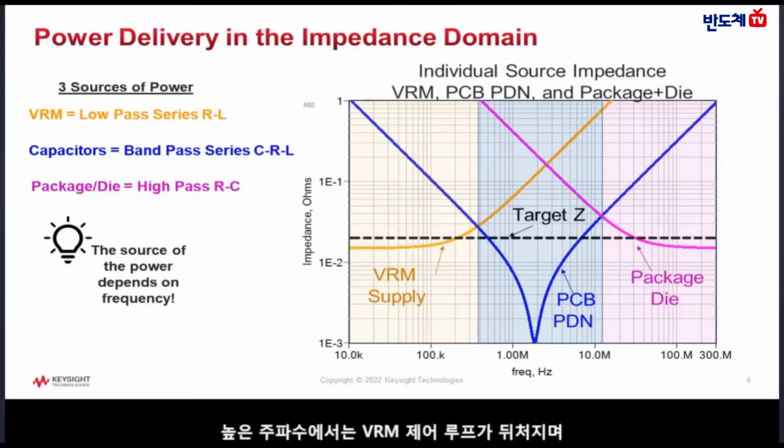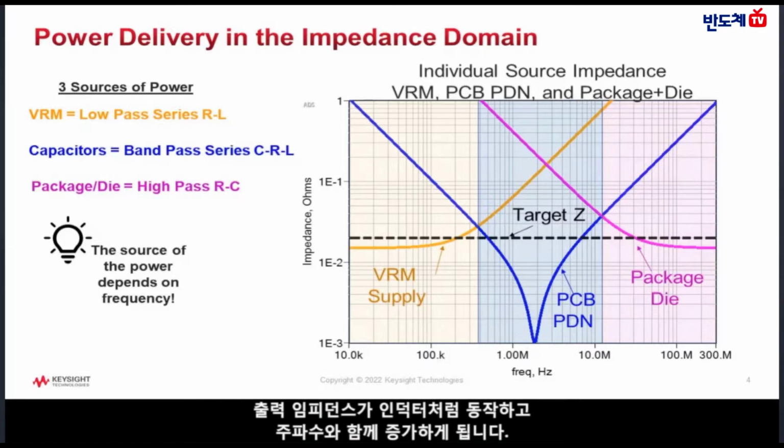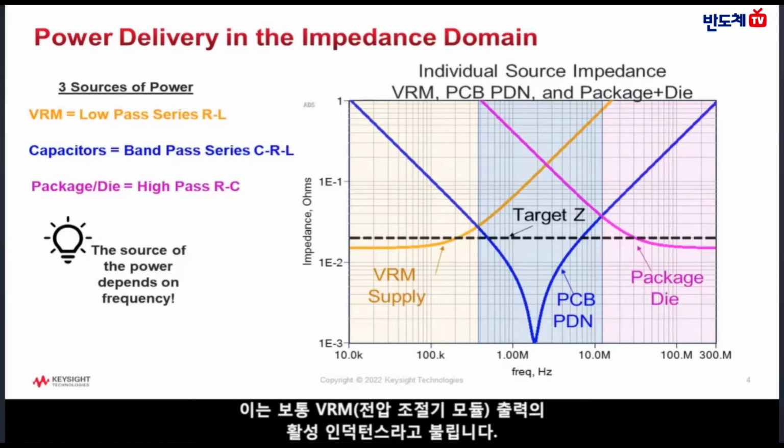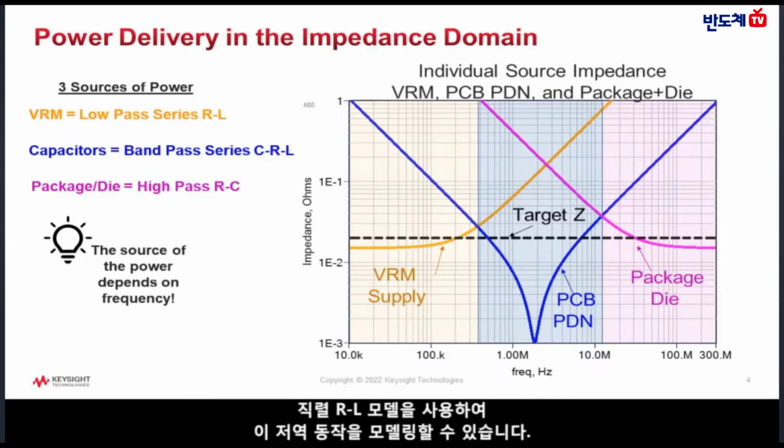At high frequencies, the VRM control loop cannot keep up, and its output impedance acts like an inductor and increases with frequency. This is often called the active inductance of the VRM output, or voltage regulator module. A series RL model can be used to model this low-pass behavior.